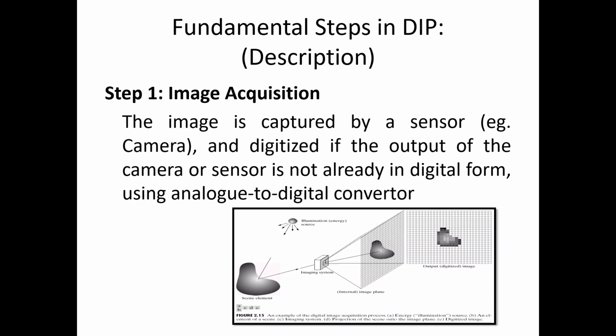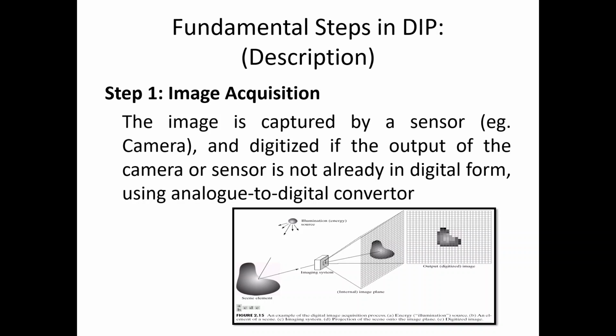As you can see in this block diagram, if you want to take a picture, there should be a source of energy, light, which illuminates the environment to generate the image.